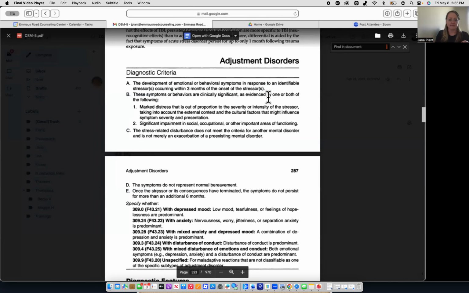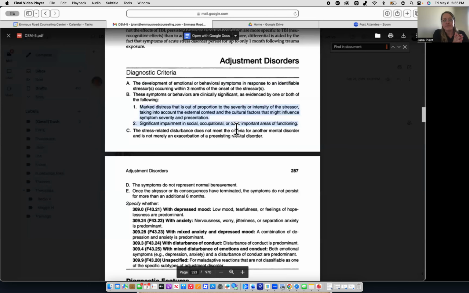I hope that makes sense. Going back to functional impairments, the symptoms or behaviors are clinically significant and cause functional impairment. There is marked distress that is out of proportion to the severity or intensity of the stressor, taking into account the external context and cultural factors that might influence symptom severity and presentation.